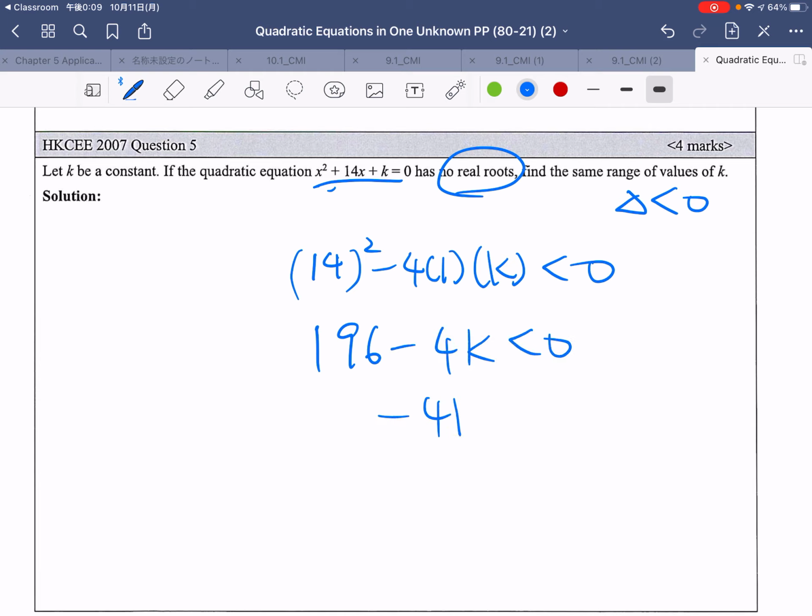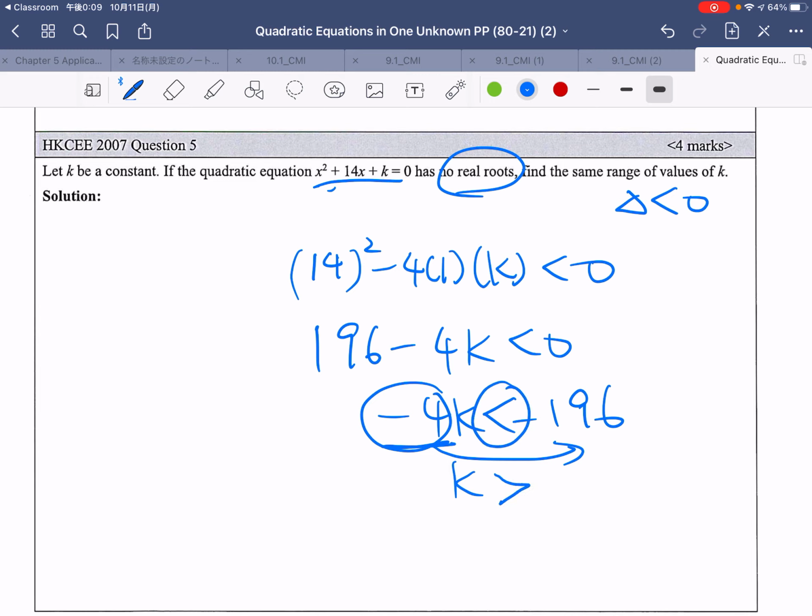So -4k less than -196. You divide by -4 on the right hand side, and the less than needs to change to greater than. 196/4 is 49, so k is greater than 49. That's the answer.